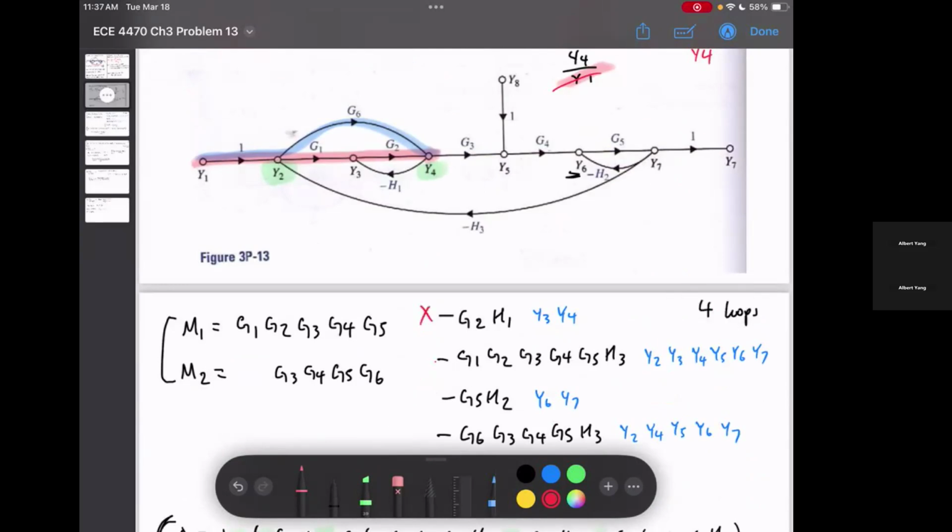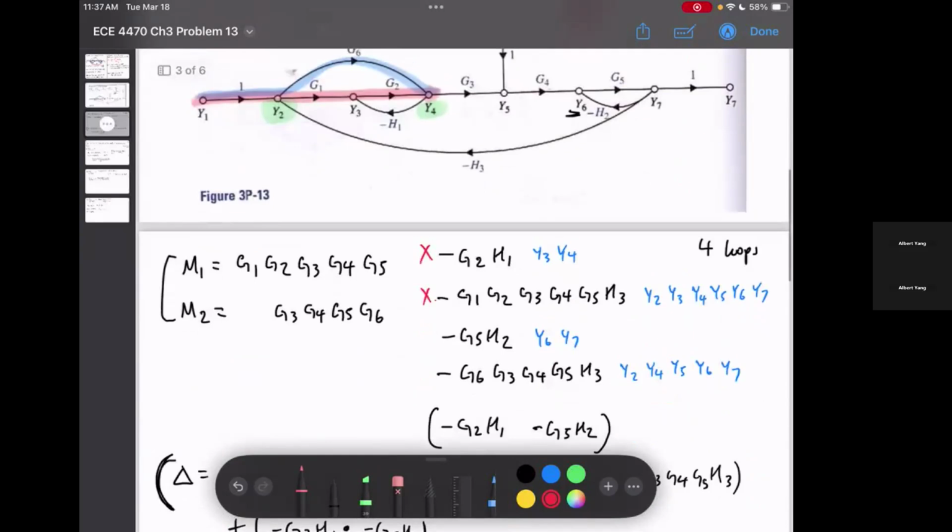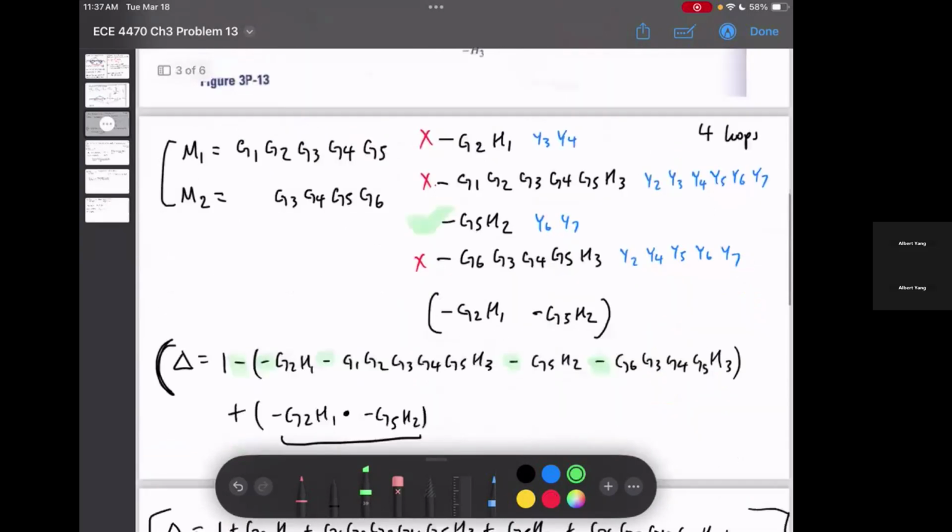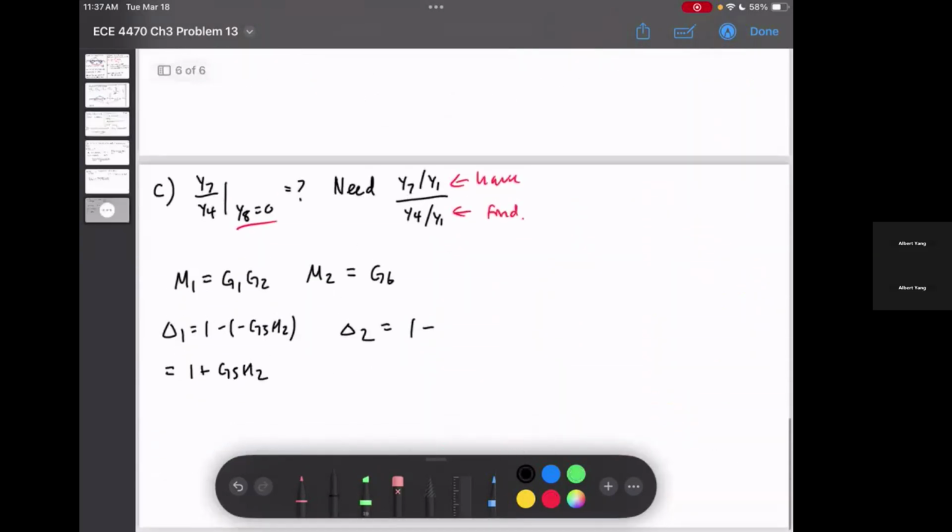And the second and fourth ones also both have Y4. So it's actually the same. This is the only one that works, which is negative G5H2. And that gives us 1 plus G5H2.